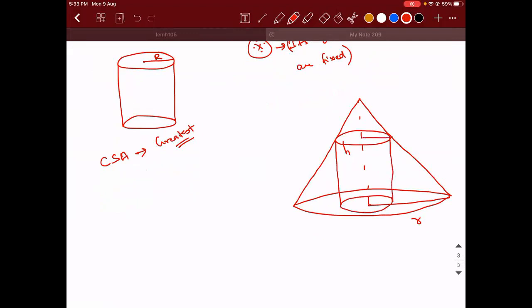Okay. And let's say the radius of the cylinder is capital R and the height of the cylinder is capital H. Am I clear till this point? Is the first step crossed? Yes, sir. Correct? Right. So this is the first step.